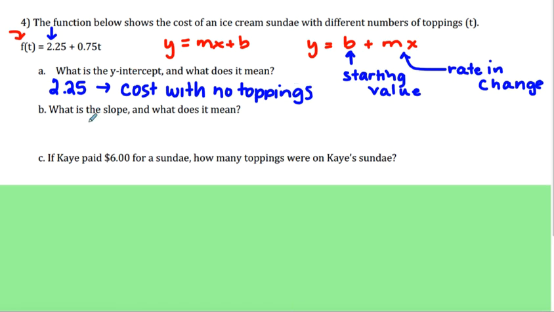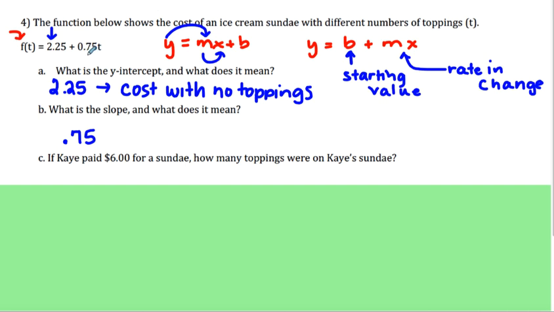Okay, the slope. The slope is 0.75, and it is the rate of change. And I told you guys you could fill in one sentence every single time: for every 1 x, y changes by m.